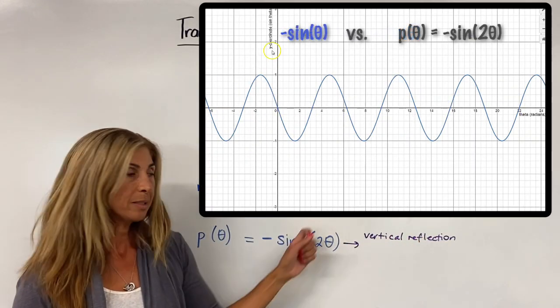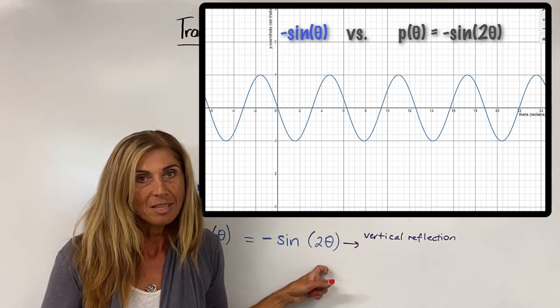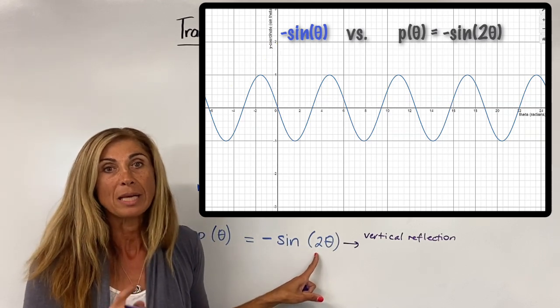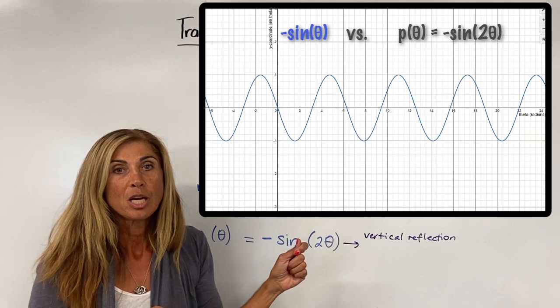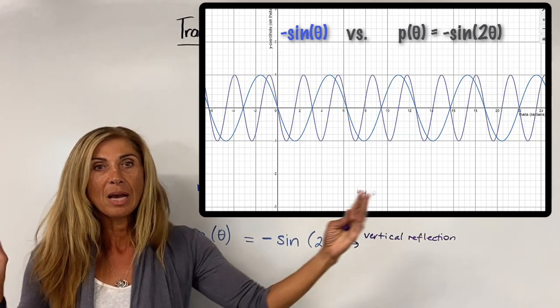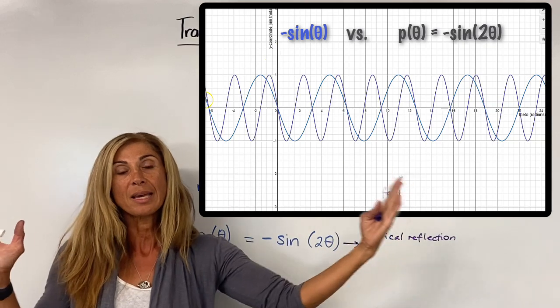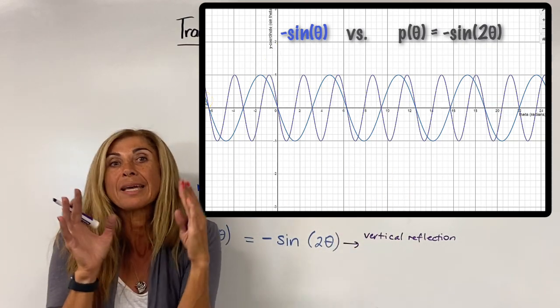The 2 theta inside the parentheses, again, inside parentheses affects the input. This tells us that everything is happening twice as fast. So if you think about our output values occurring twice as fast, that would mean all our input values smushed. In other words, it compressed. If we're getting those values twice as fast, it would take half the time.